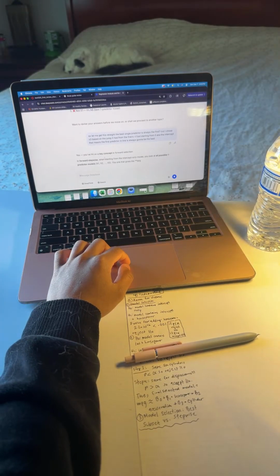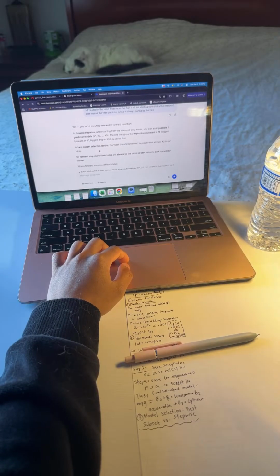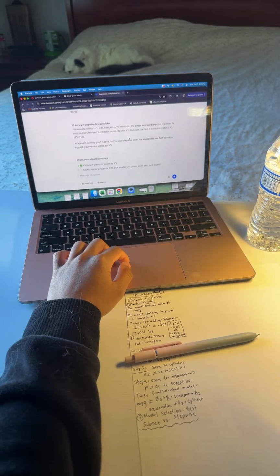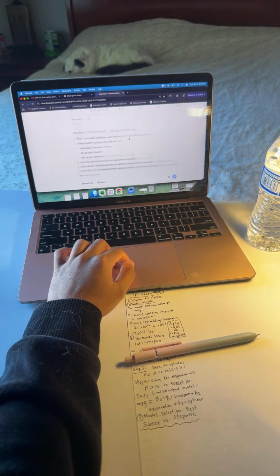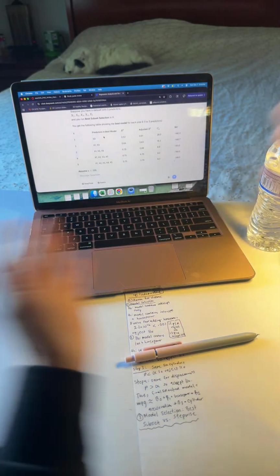Yes, you've hit on a key concept in forward selection. In forward stepwise, when starting from the intercept only model, you look at all possible one predictor models. This is the only one with one predictor. I forgot. We went over that.